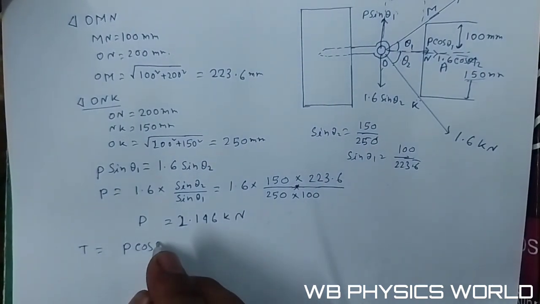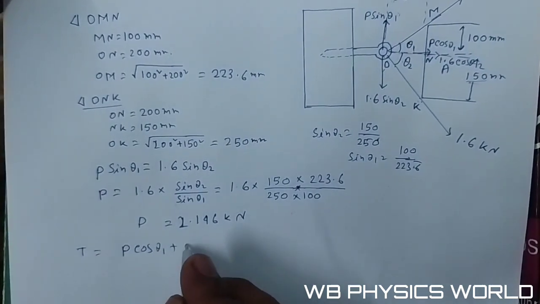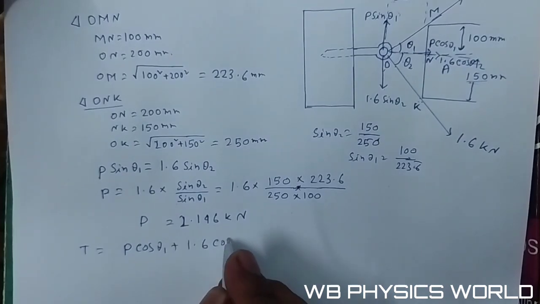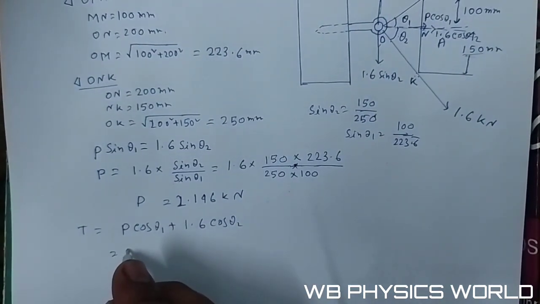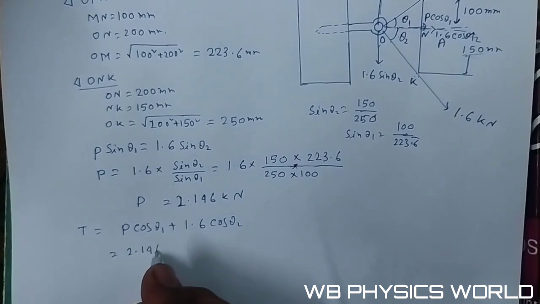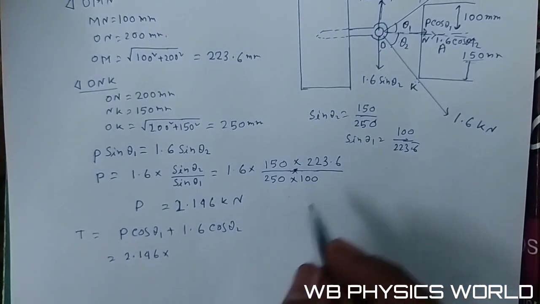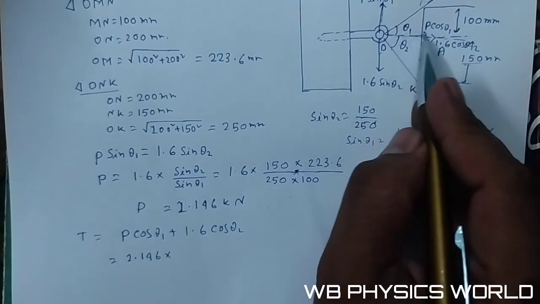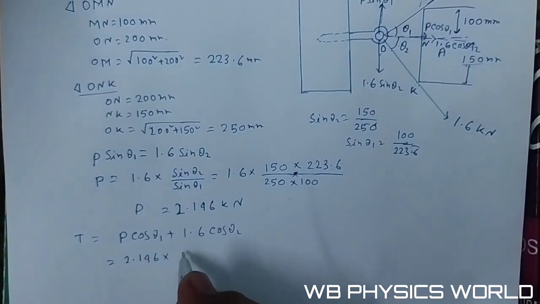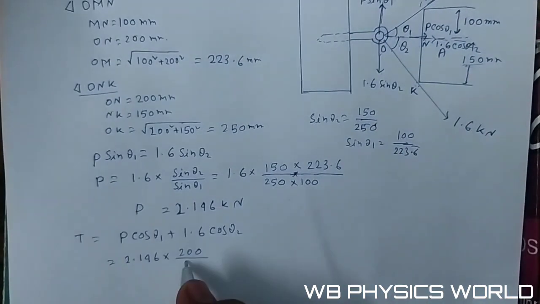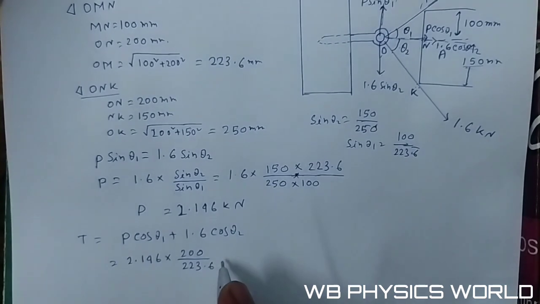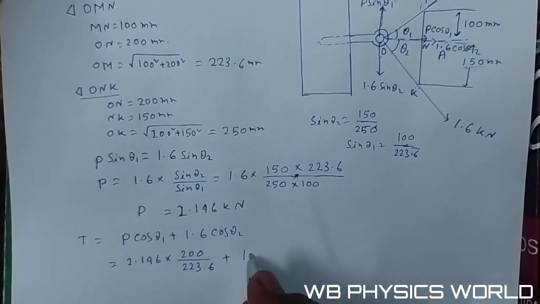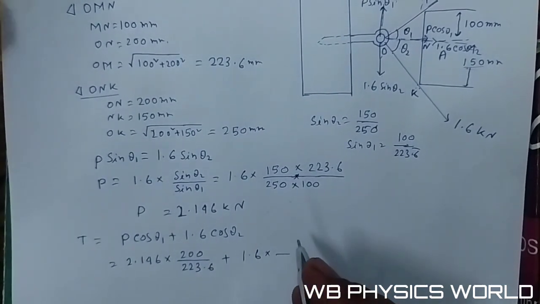Here the value of P is 2.146, and for cos theta 1 base is 200 and hypotenuse is 223.6, plus 1.6 cos theta 2.